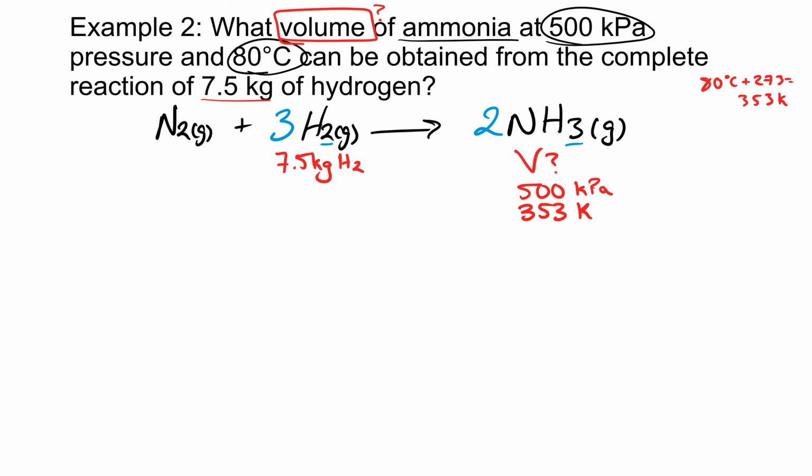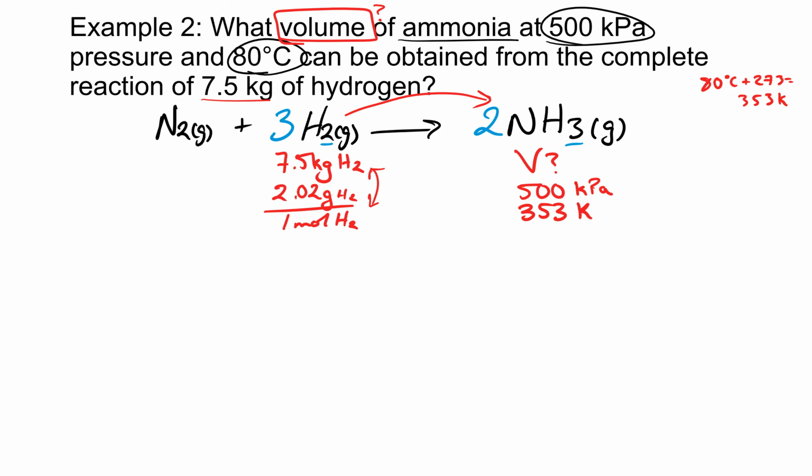Well, the way we convert from one substance to another is using the moles of that substance. So if I want to convert from moles of hydrogen to moles of ammonia, first I need the moles of hydrogen. The way we get moles from mass is using the molar mass. The molar mass of hydrogen is 2.02 grams of hydrogen for every 1 mole of hydrogen. Perfect. With these 2 pieces of information, I can convert between mass and moles.